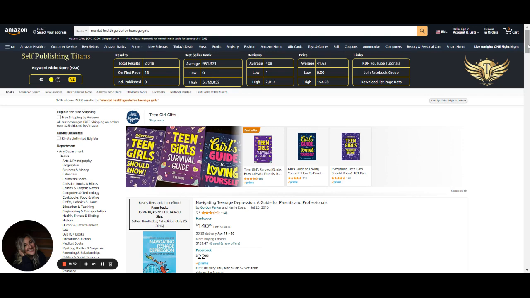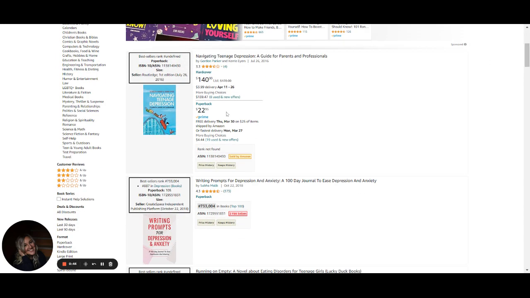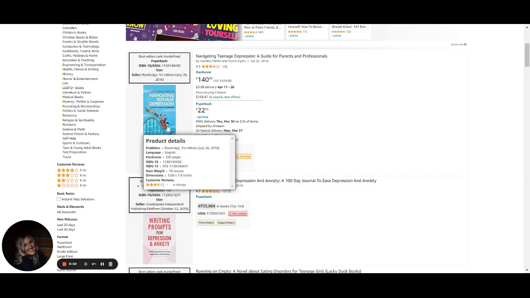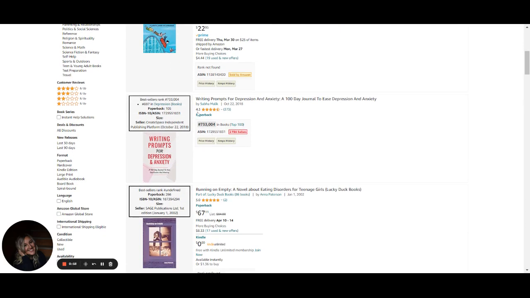And then what I've done is I've changed the pricing to look from high to low. So you can see here, $140 for a hardcover. What? But there's not a rank, so we know it's not selling, right? But then look at this one. On this second tab here, it says this book is selling for $150. And the BSR is under $1 million.